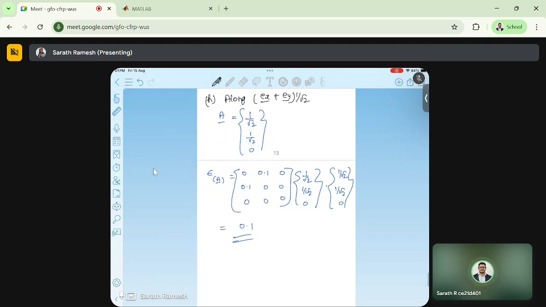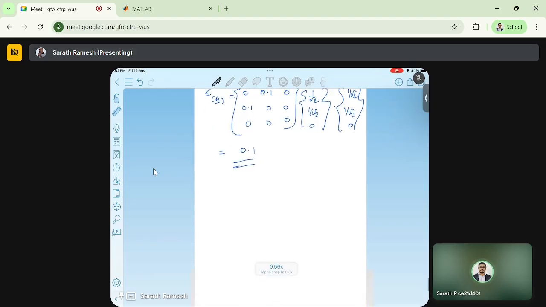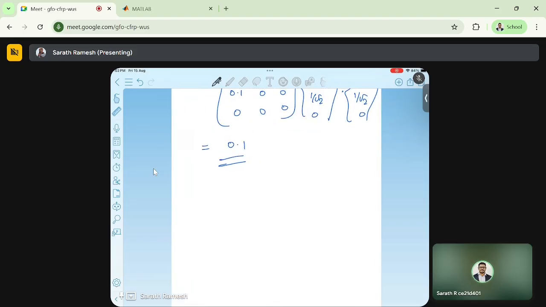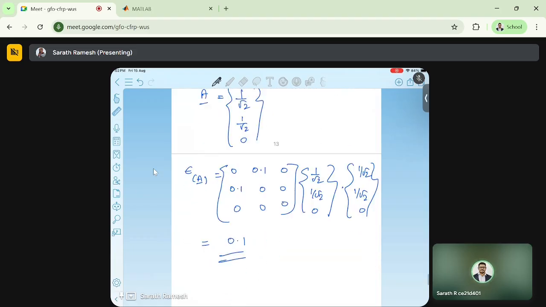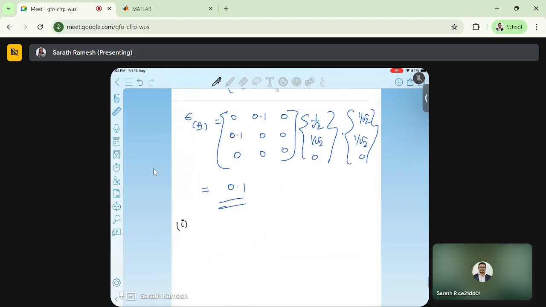The next subdivision, they are asking us to find subdivision number HI. What is the deformed angle between two line elements?